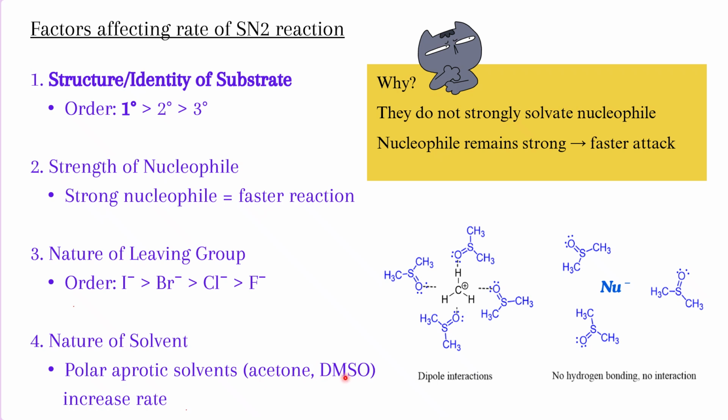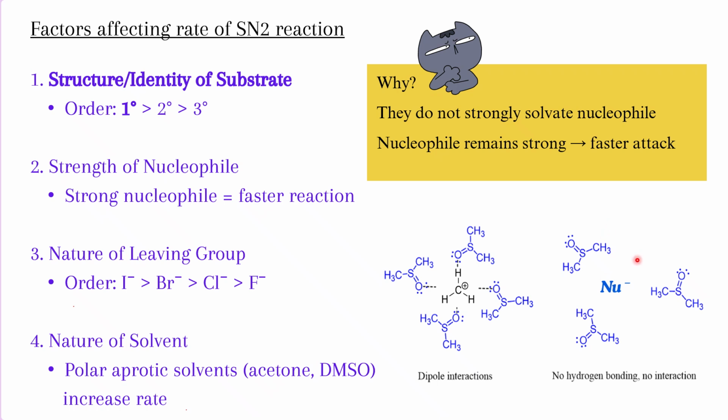What do you mean by DMSO? Dimethyl sulfoxide. So as you can see here, I have dimethyl sulfoxide and here I have my partially positively charged primary alkyl halide carbon. So as you can see, this particular DMSO is going to surround this particular carbocation, only the oxygen part, and this particular nucleophile is completely free.